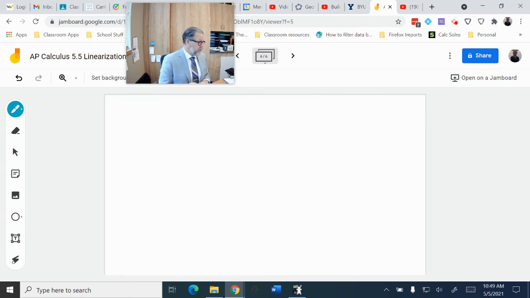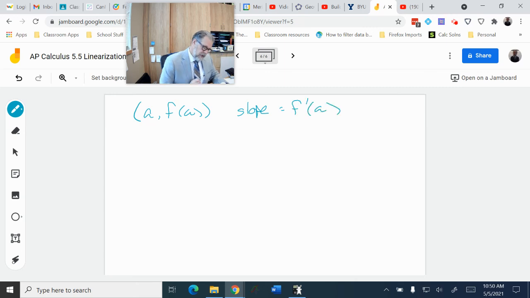So what does a linearization look like? Well, here's what we know. We know that we have a point (a, f of a) on some function. We know that the slope of that function at a is the derivative at a, which means that we could write the equation of the tangent line as y minus f of a equals the derivative at a times x minus a.